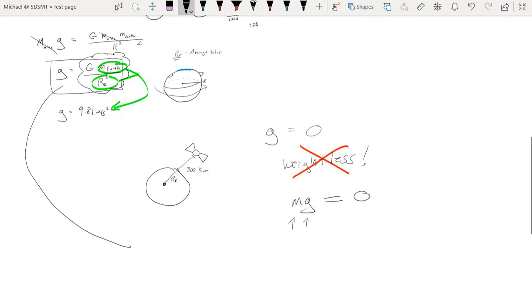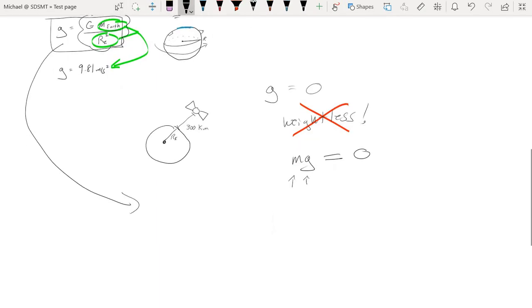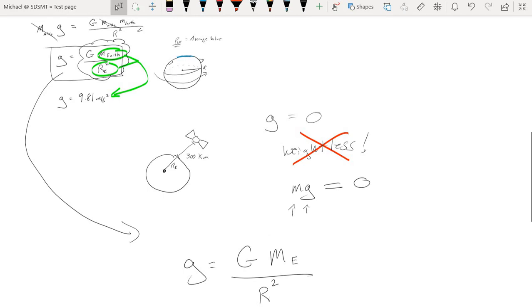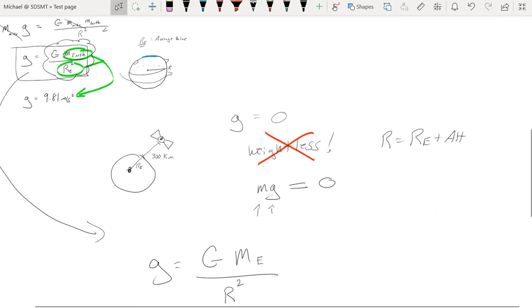We know now that the acceleration due to gravity is based on a combination of the universal gravity constant, big G, the mass of the Earth, and the separation distance between our two objects. And so the center to center separation distance between these two objects, R, is going to be the radius of the Earth plus the altitude of the space station.